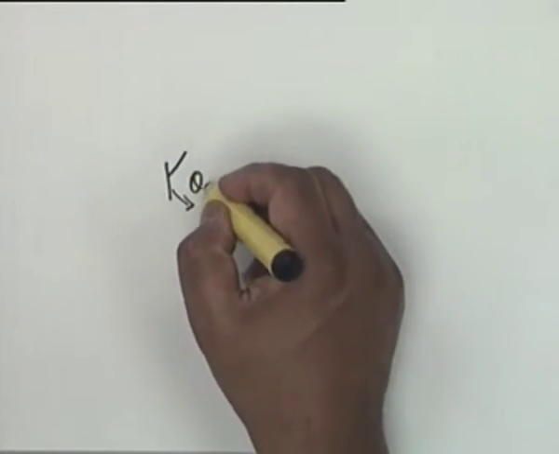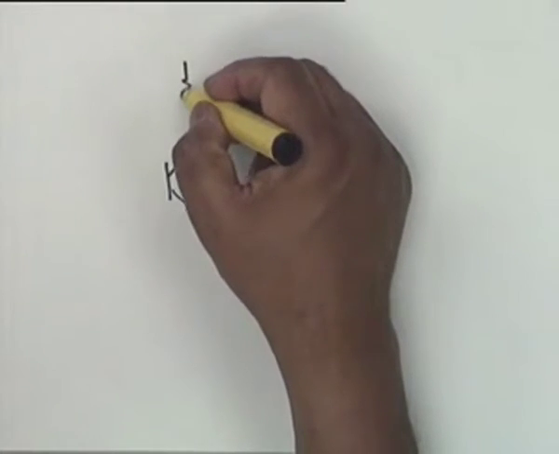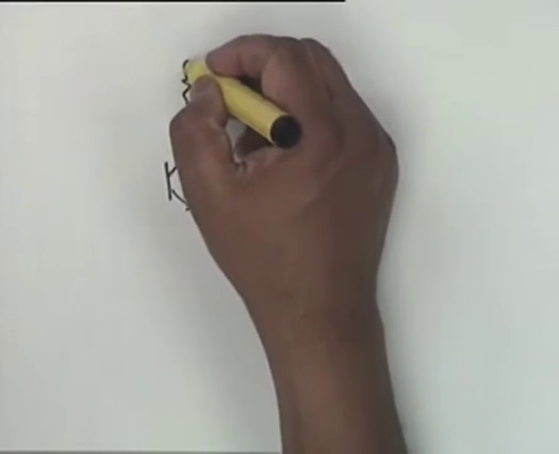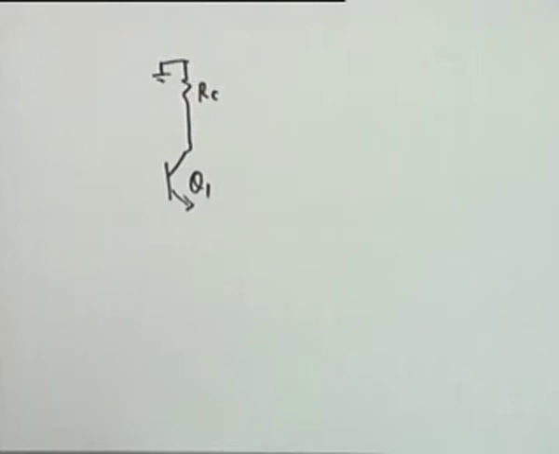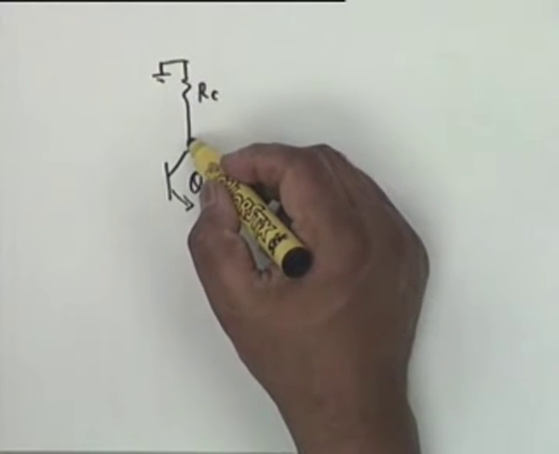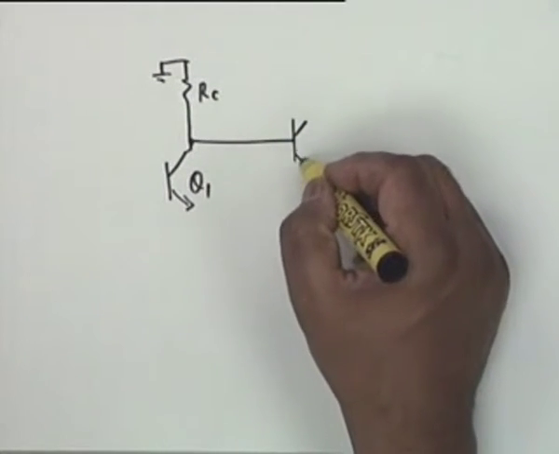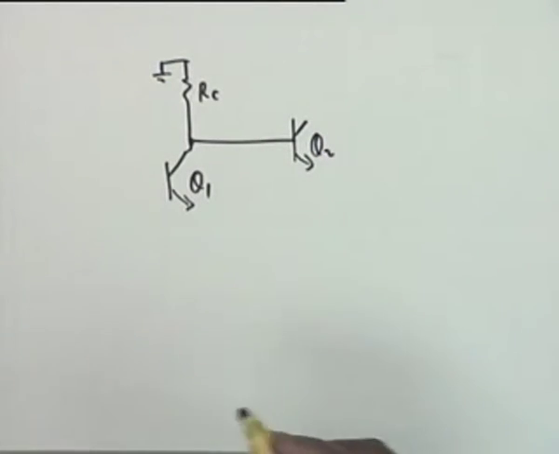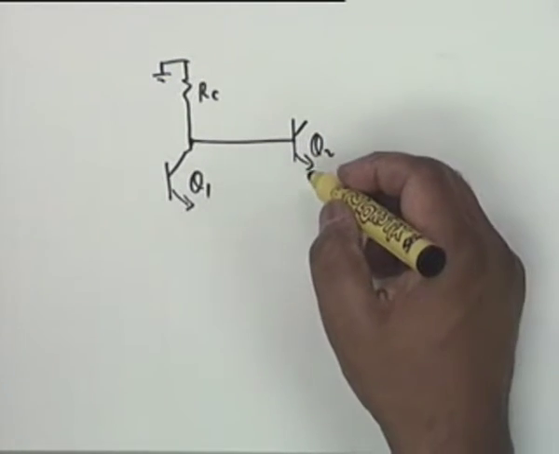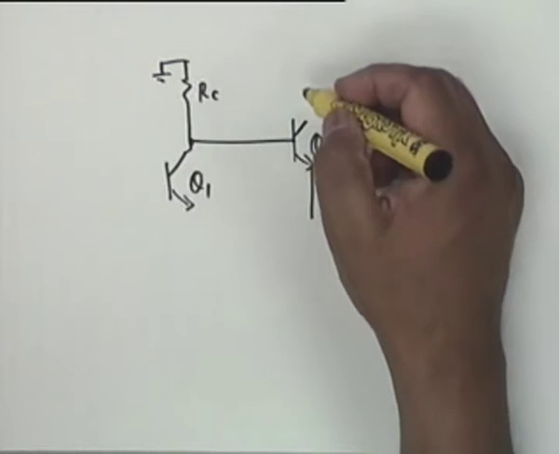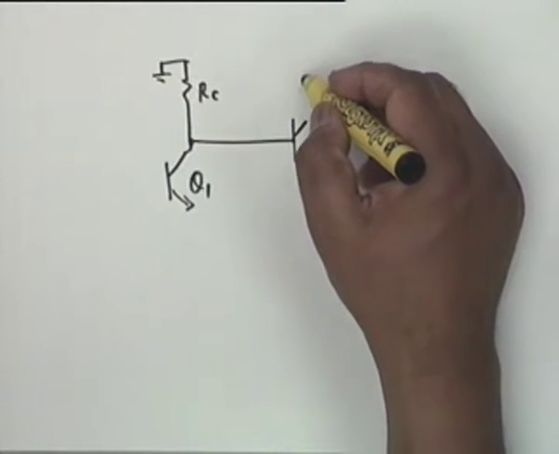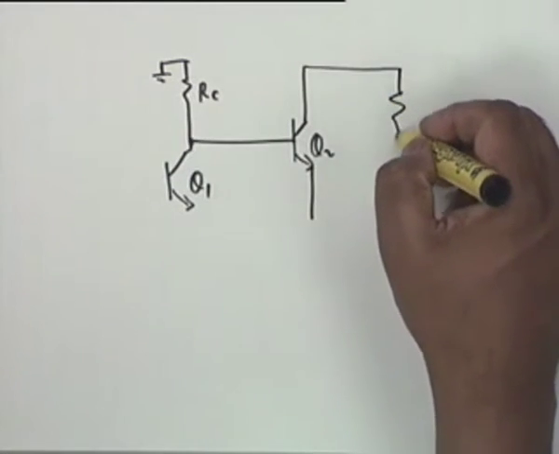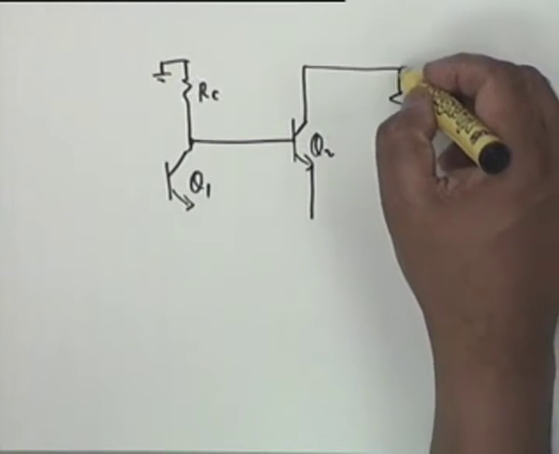You have the transistor Q1, some RC, which let us say is grounded. Then this goes to Q2. Q2 no longer sits upon it. Q2 is the second stage, and Q2 has the load RL. This is the final load.